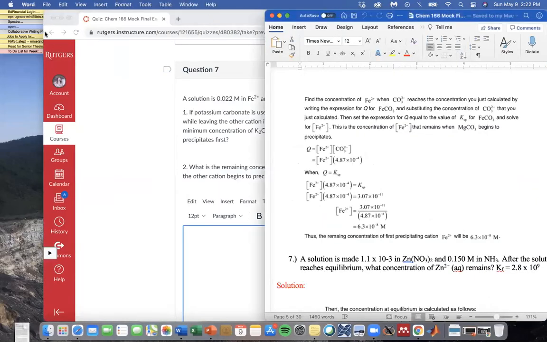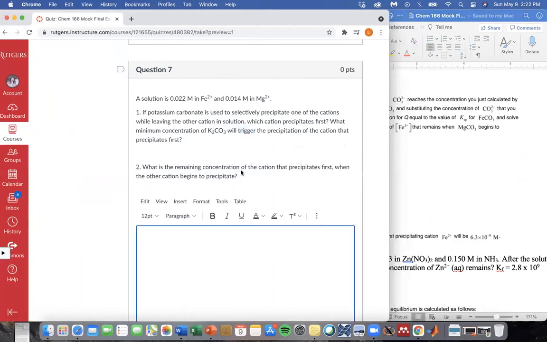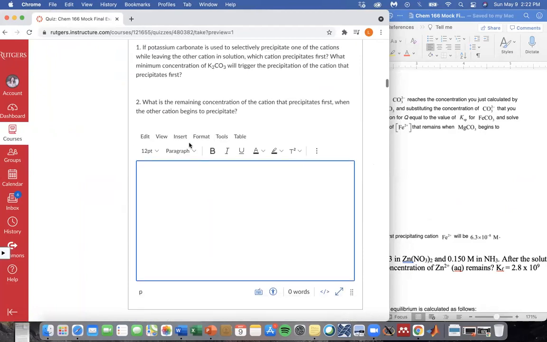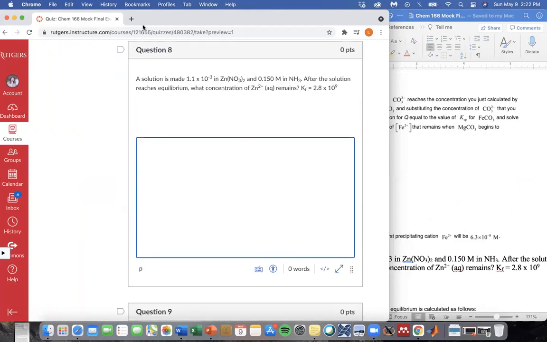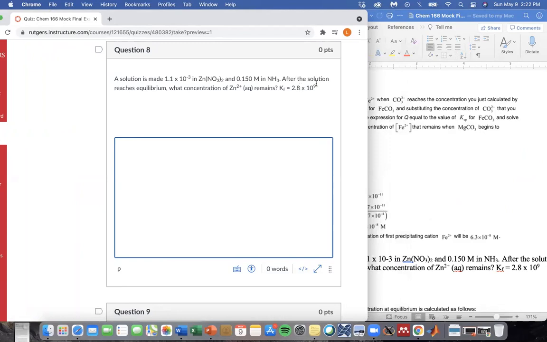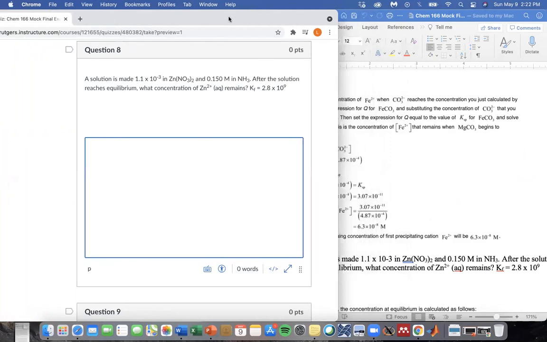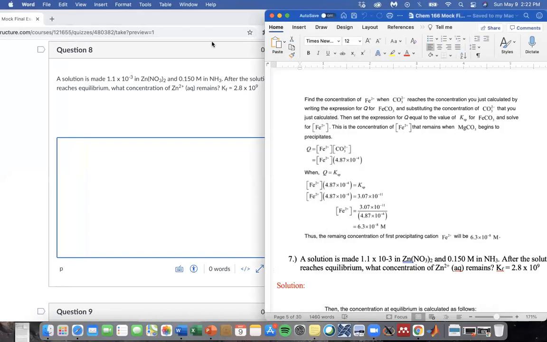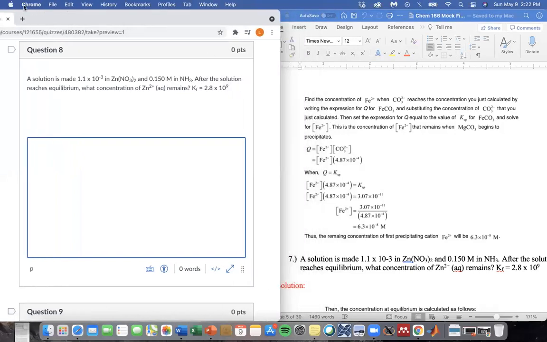Okay, so just this one. Now we have a solution that is made of 1.1 times 10 to the negative 3rd M Zn, and 0.15 molar NH3. And it asks how much zinc remains after the solution goes to equilibrium.